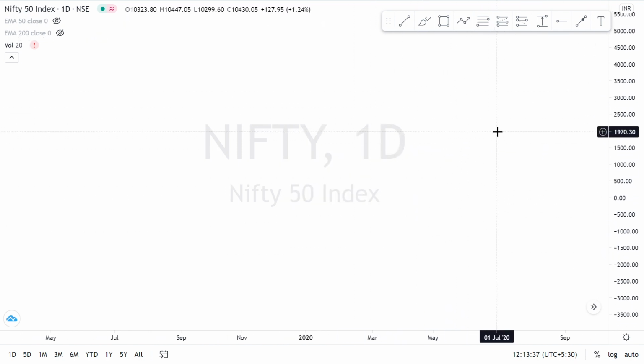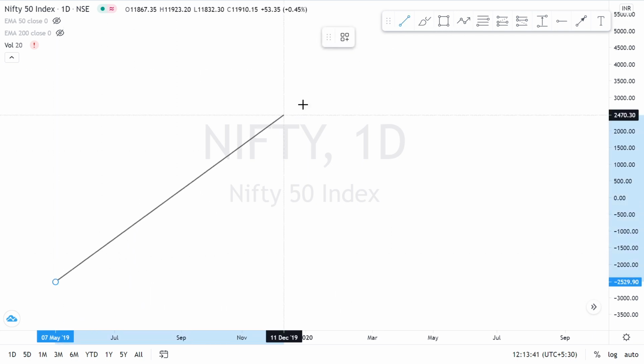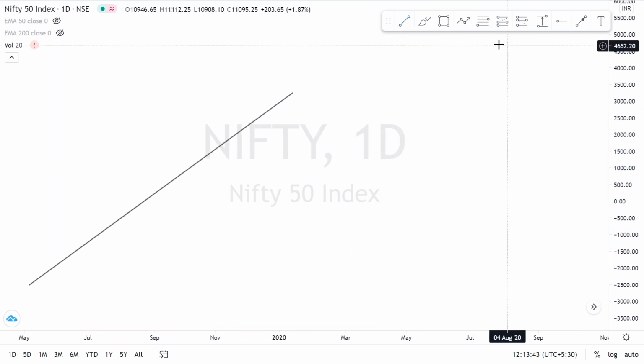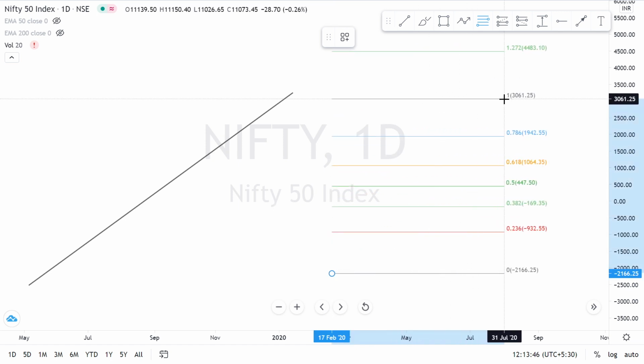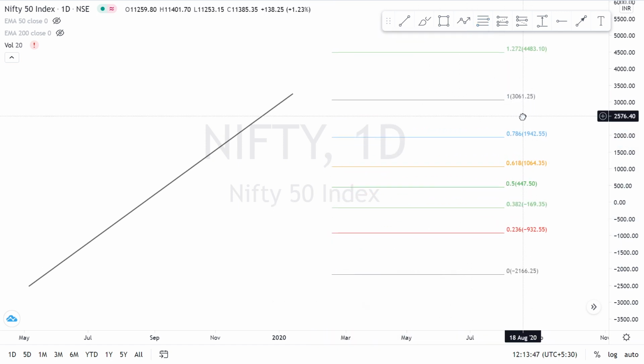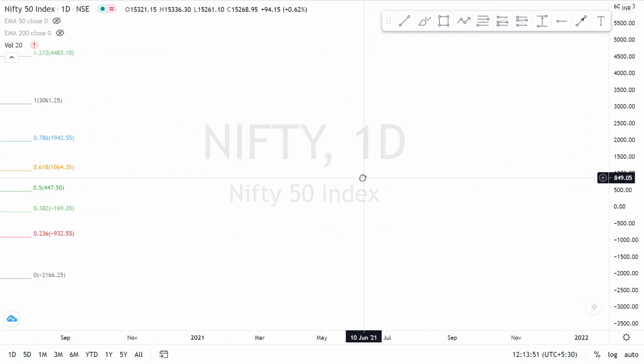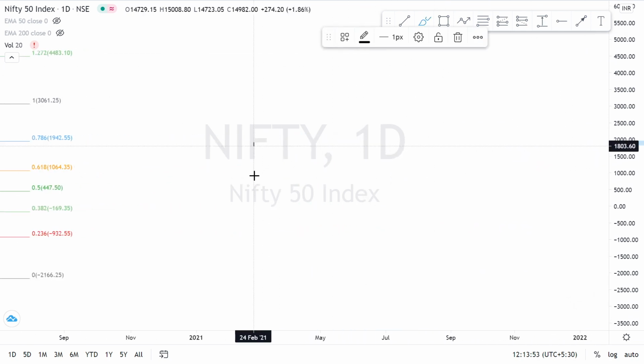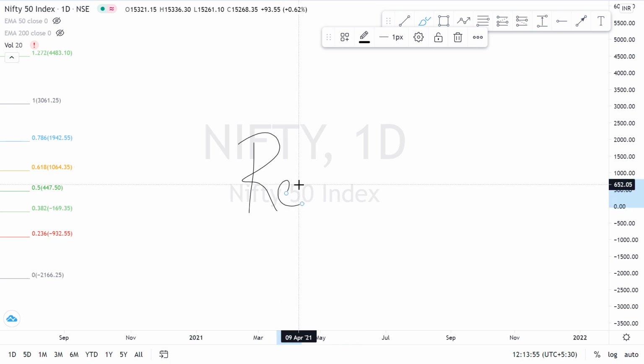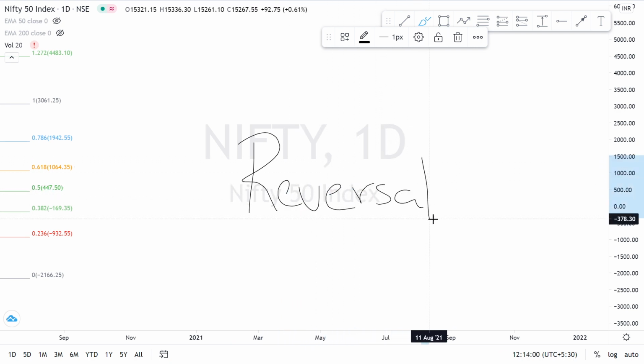So how do you trade in this market? You can either use trend lines when they're going up, or you can use Fibonacci retracements to identify the levels to enter in, or you could also use candlesticks and look for reversal candlestick patterns.